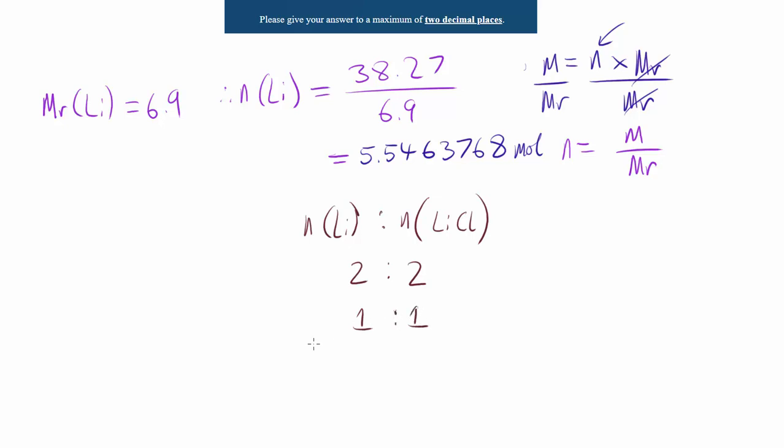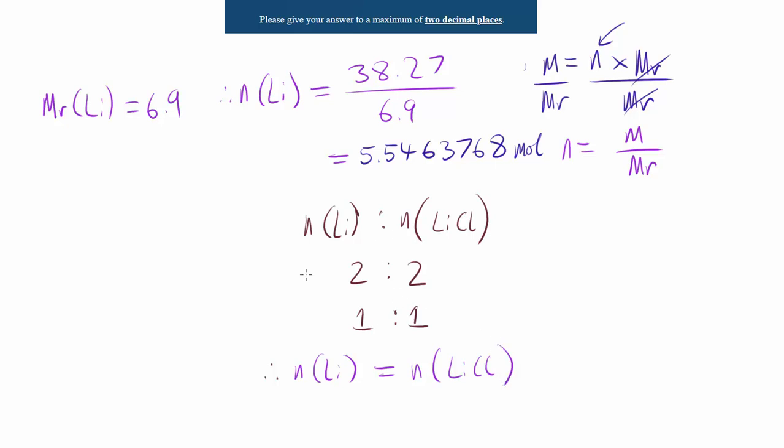All I've done is divide both sides by 2. So it's a 1 to 1 ratio, and on that basis, I'm going to write this again just for clarity: the moles of lithium is equal to the moles of LiCl.